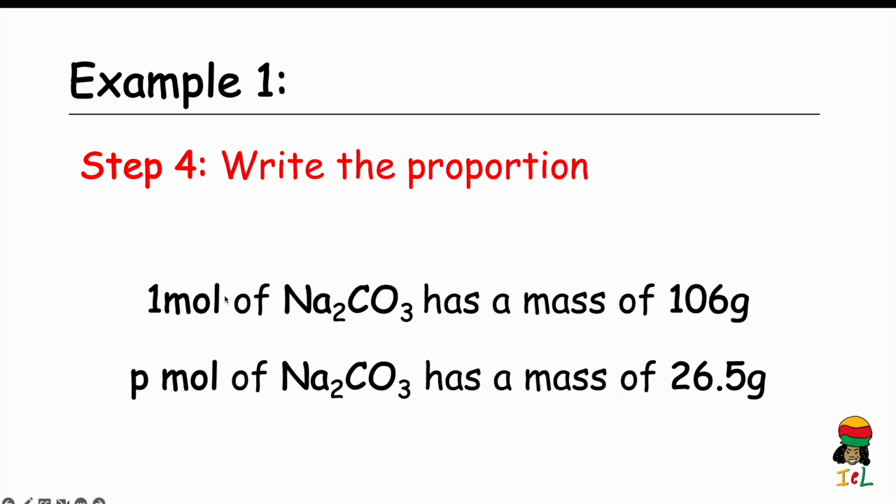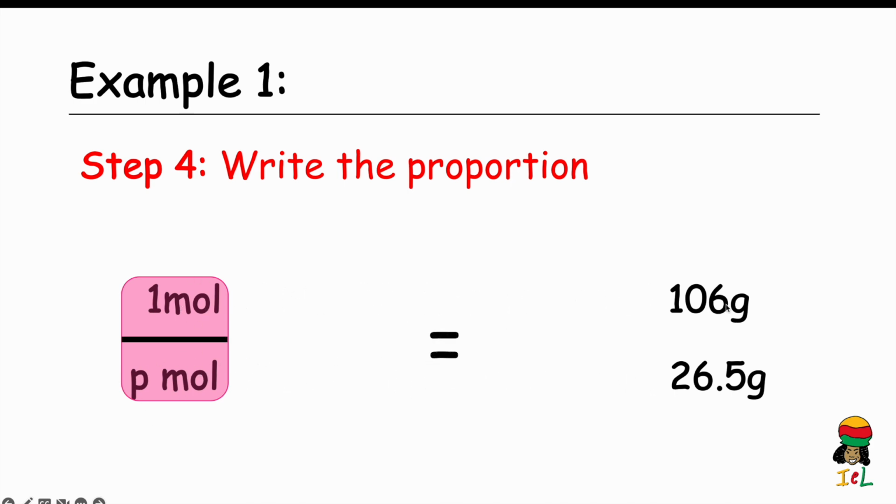If for the first statement we begin with moles and end with mass in grams, we must write the second statement in the same fashion, beginning with mole and ending with mass in grams. Now we're going to shorten our proportion statements and create what we call ratios. So we now have 1 mole divided by P mole would be equal to 106 grams divided by 26.5 grams.